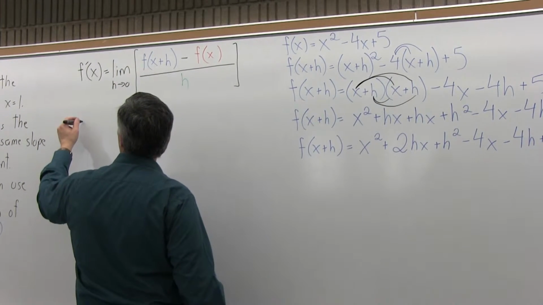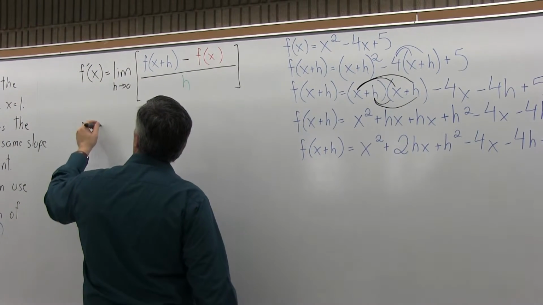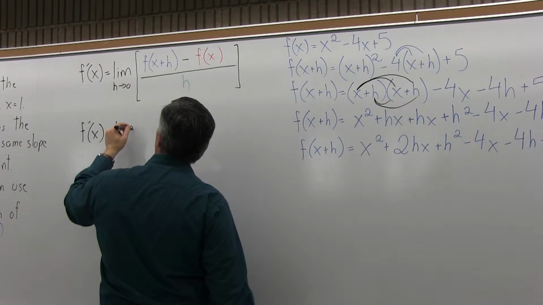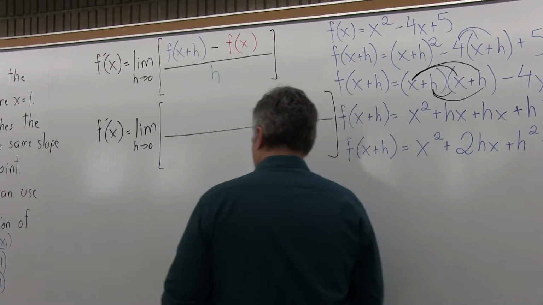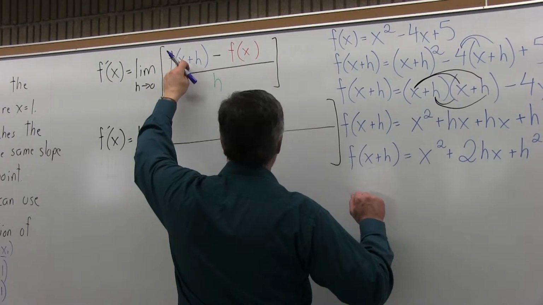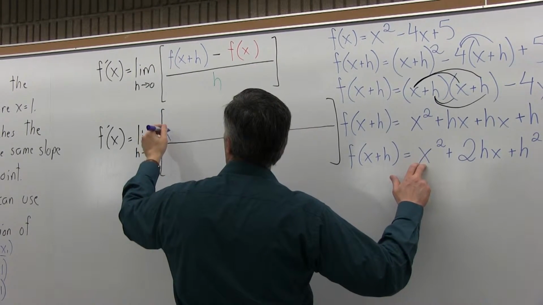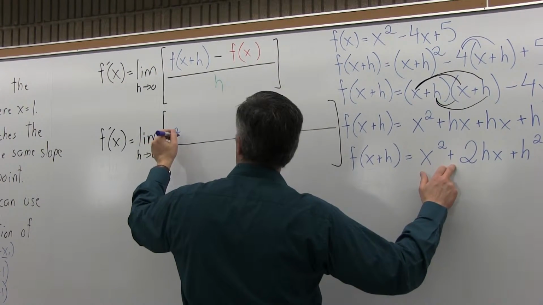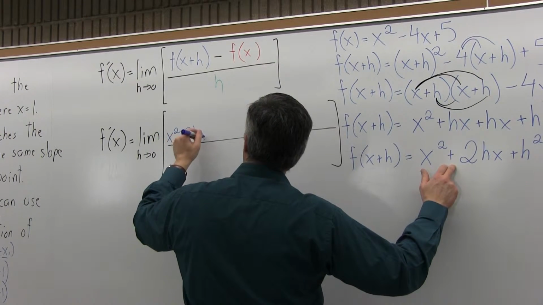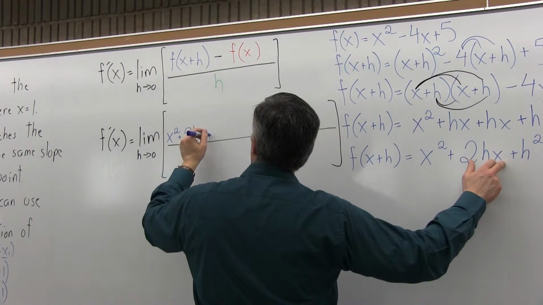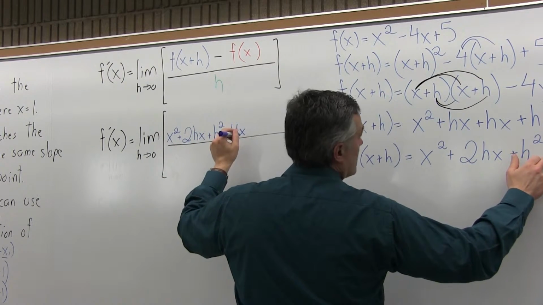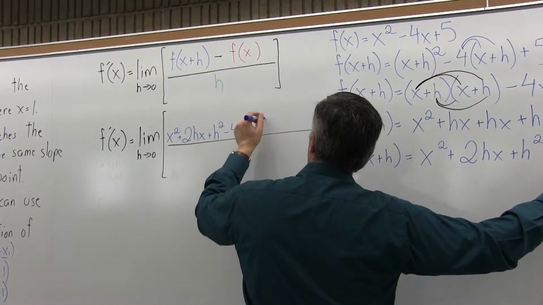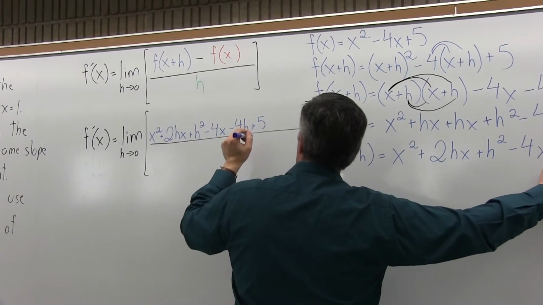So I'll have f prime of x equals the limit as h approaches 0 of, and then in blue, for f of x plus h, I have x squared plus 2hx plus h squared minus 4x minus 4h plus 5.